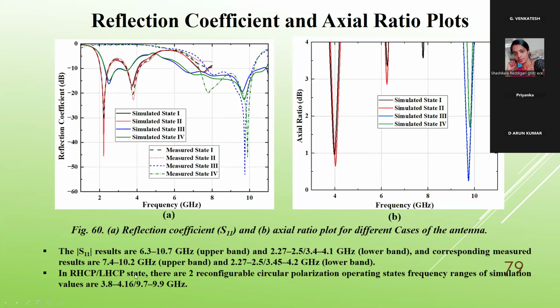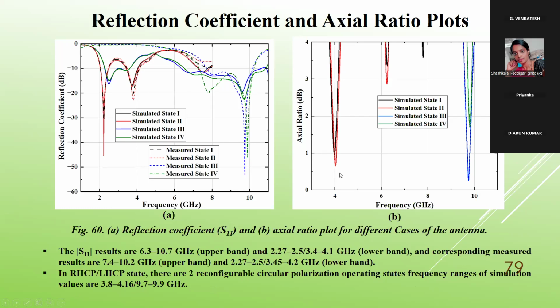In RSCP and LSCP states, there are two reconfigurable circular polarization operating states, with simulated frequency regions of 3.8 to 4.1, and 9.7 to 9.9 gigahertz.